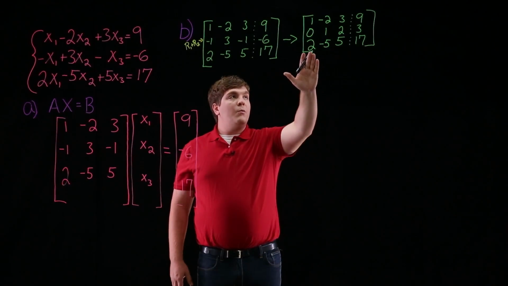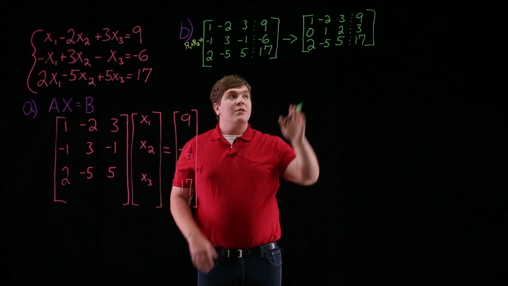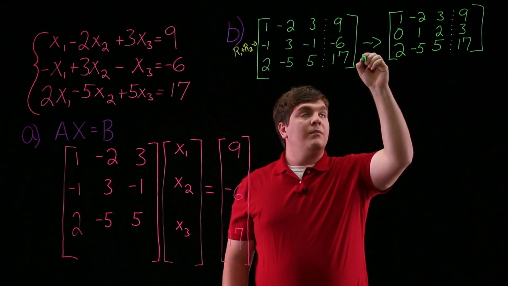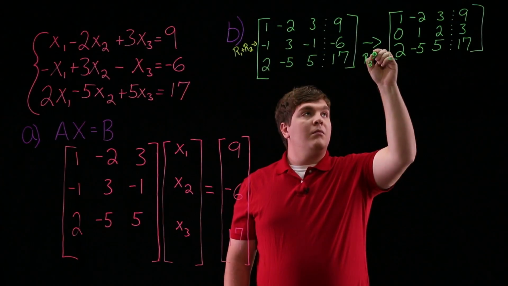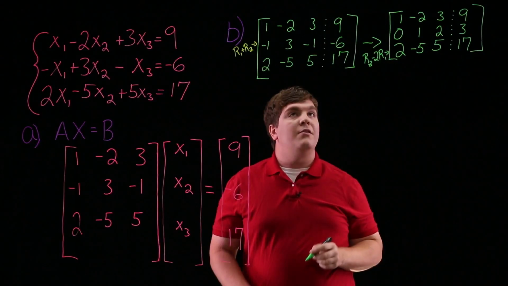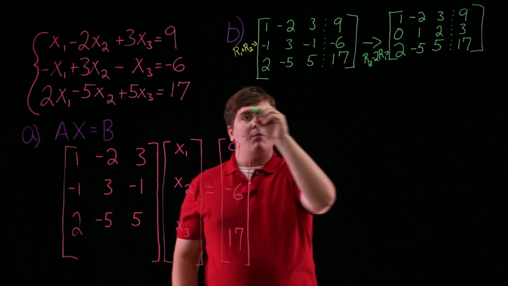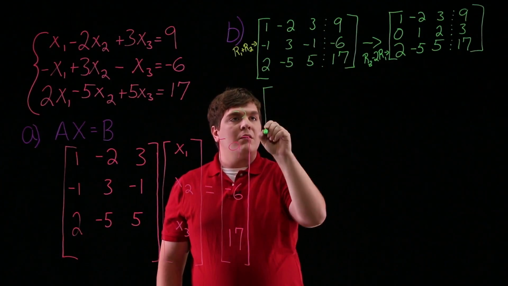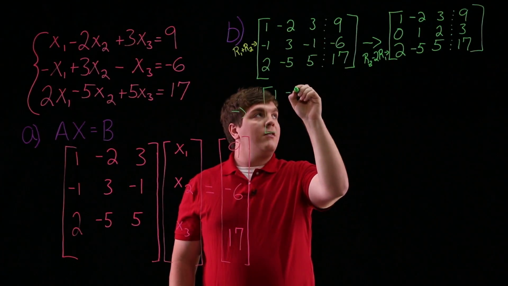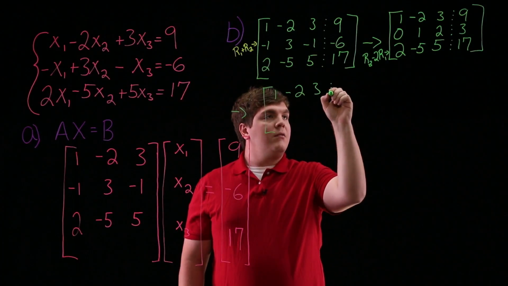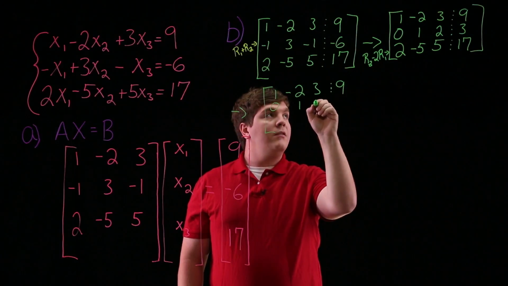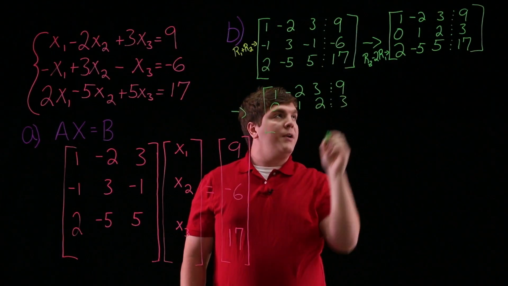Now here, we want a 0 in this entry. So we'll take our third row and we'll subtract 2 times the first row, and we'll place it back into the third row. So our first 2 rows will remain exactly the same as 1, -2, 3, 9, 0, 1, 2, 3.